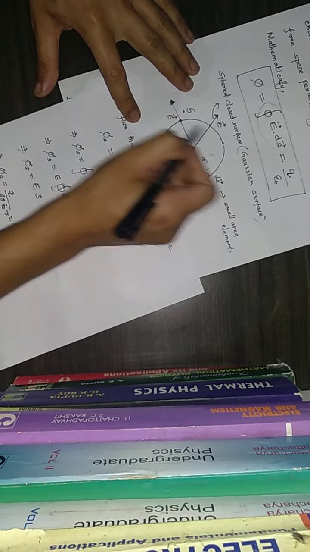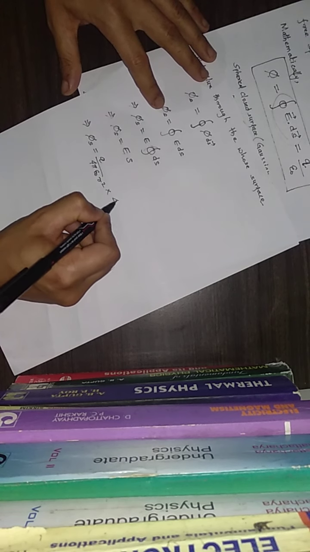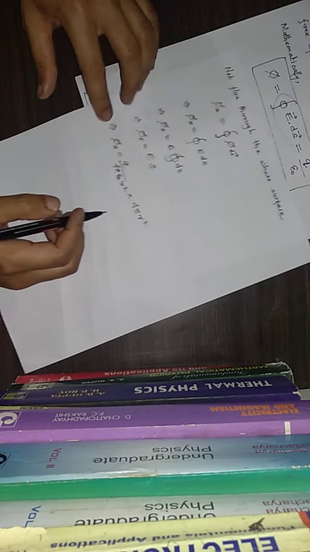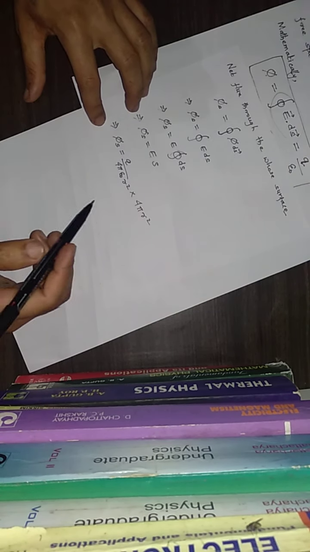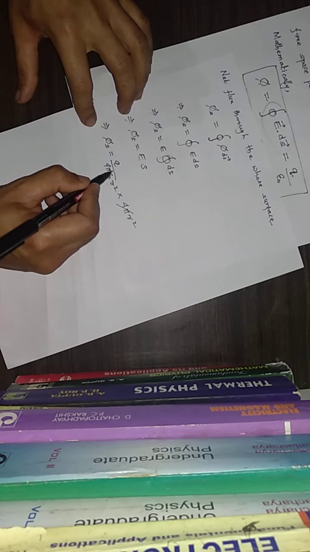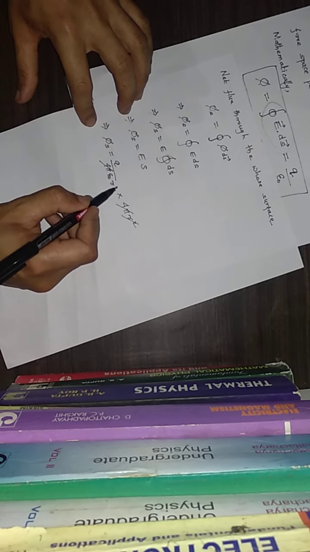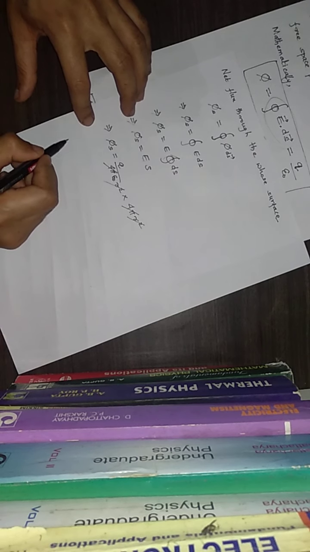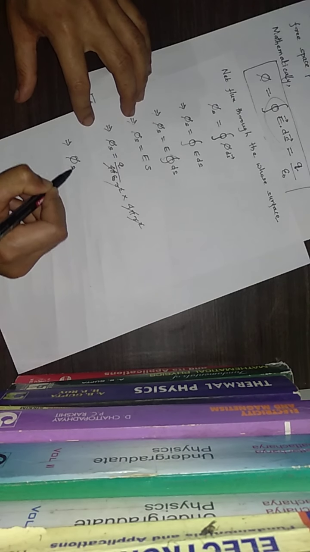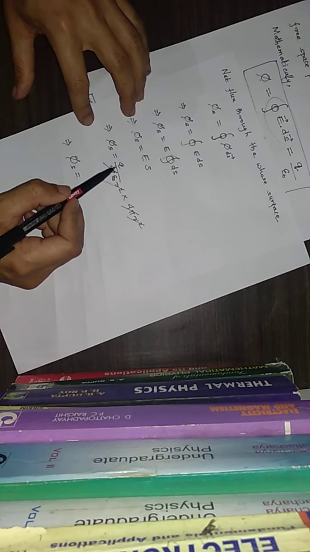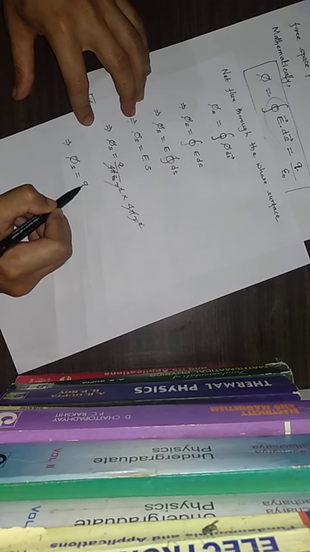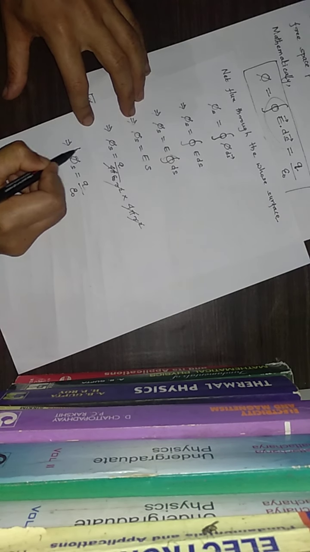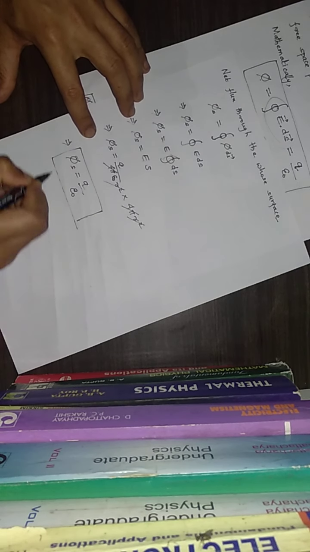The surface area of the sphere is 4 pi r square. So here 4 pi will get cancelled, and r square will get cancelled. All that remains are q and epsilon naught. So q divided by epsilon naught, which is nothing but the definition of Gauss's law itself.